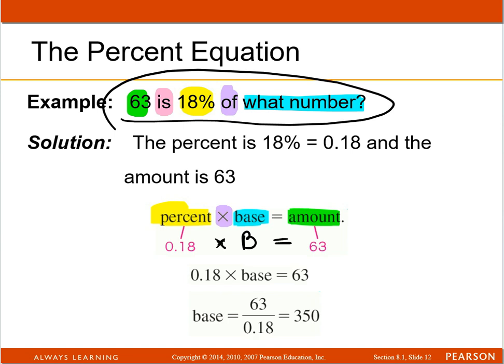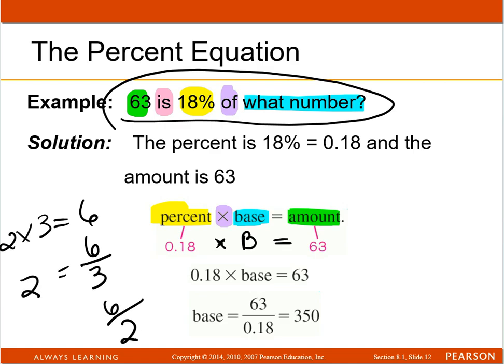In order to figure out the base, if two numbers multiplied together, like 2 times 3 is 6, right? That means that if I take the 6 and I divide it by the 3, it'll give me the 2. Or if I take the 6 and divide it by the 2, it'll give me the 3.